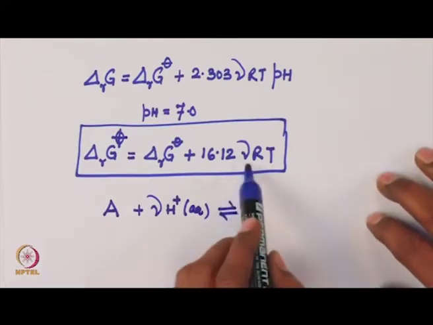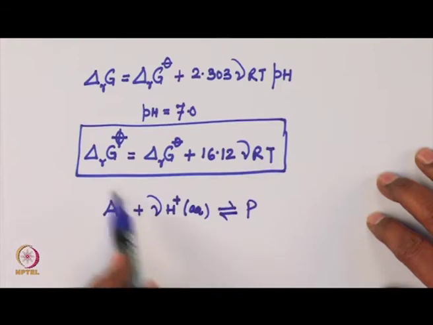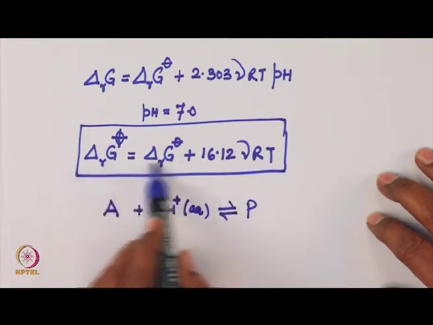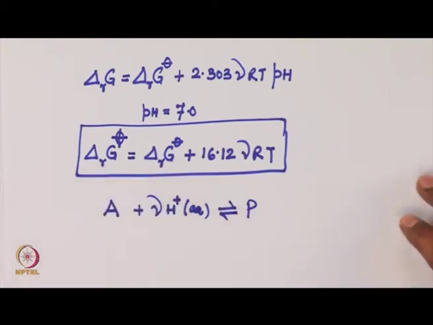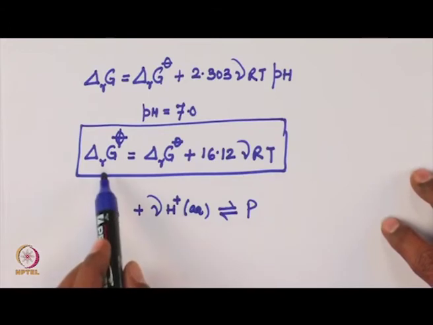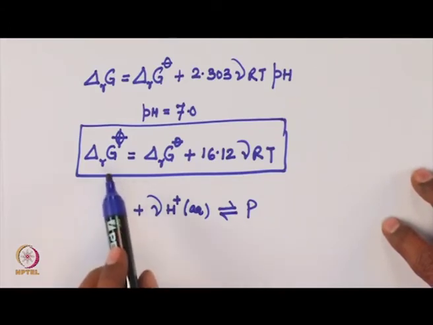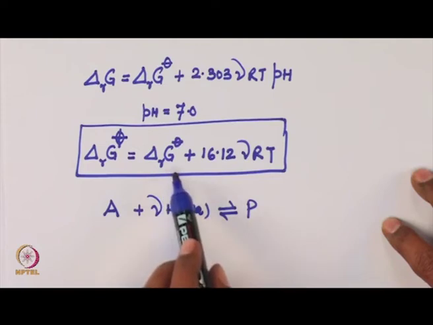So obviously when nu is equal to 0, when there is no proton released or absorbed, then both these standard state reaction Gibbs functions will be equal. And if there is a proton absorbed or proton released, then the biological standard reaction Gibbs energy will be different than the normal thermodynamic standard reaction Gibbs energy.